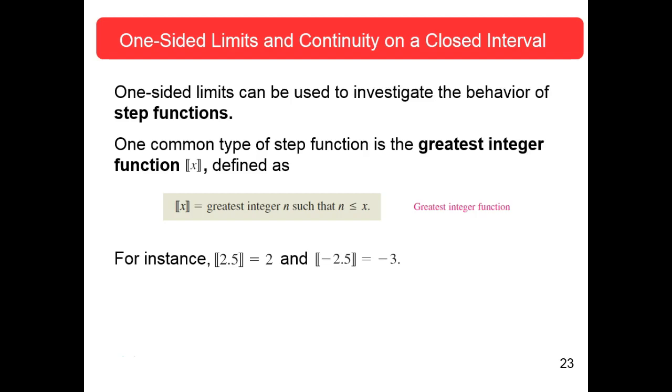That's the greatest integer function. What that means is the answer is always going to be an integer. Usually n represents an integer. So the greatest integer in x is the greatest integer n such that n is less than or equal to x. So what is the greatest integer in 2.5?